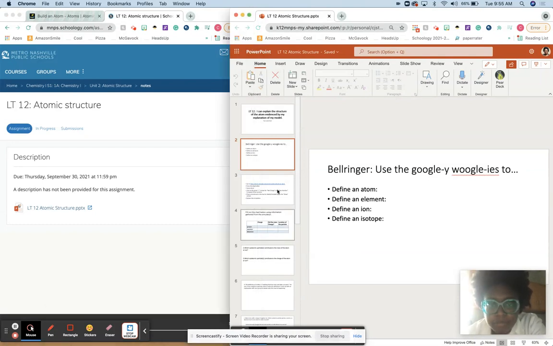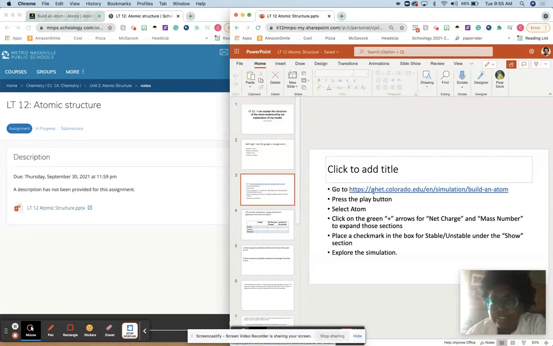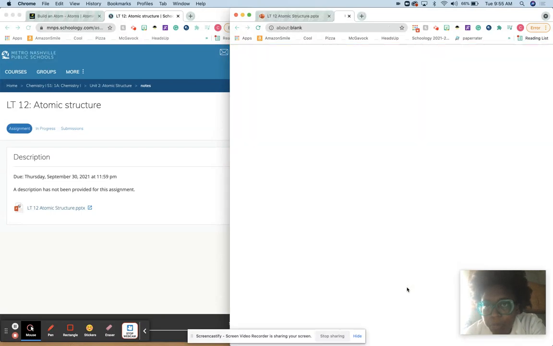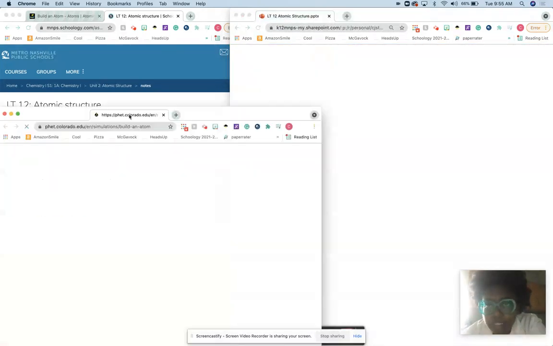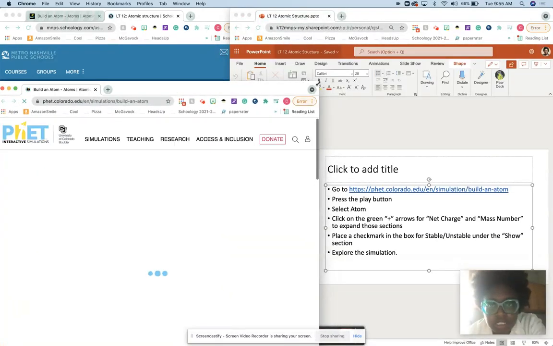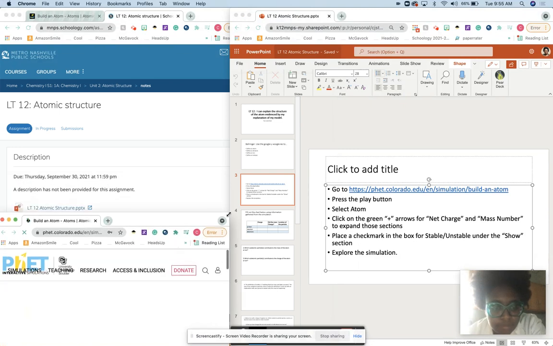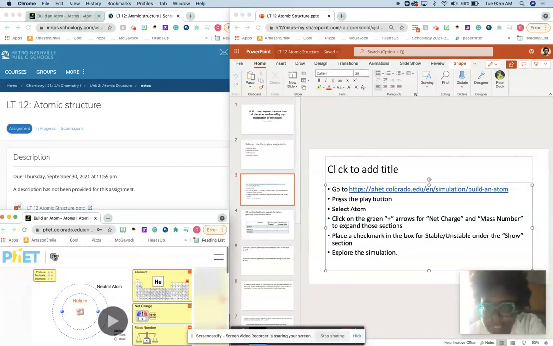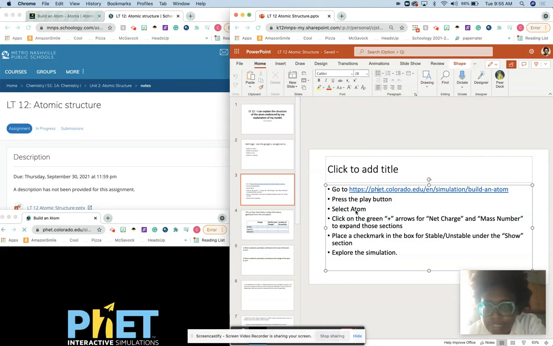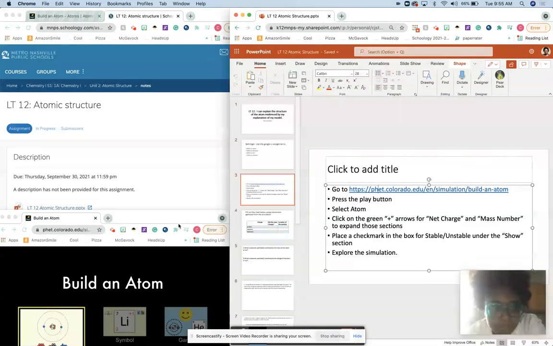Good job. All right, our next slide says to go to this website. We're going to left click and open the link, and we're going to pull this simulation down here. All right, and it says to press the play button. So let's press the play button. And it says to select atom.